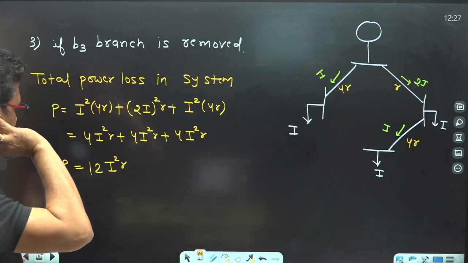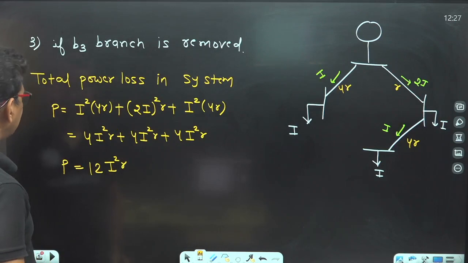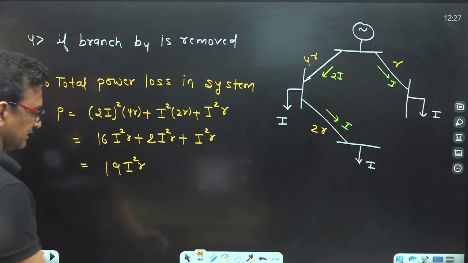So the minimum power loss, that is 12I square R, occurs when we remove the B3 branch. Clear?